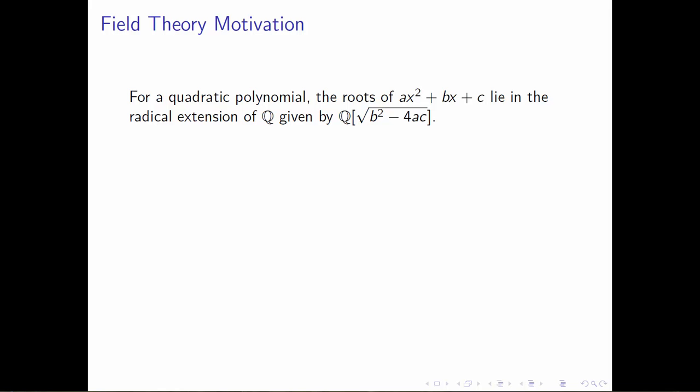Before I stop with this collection of slides, which has really gotten long and out of hand, so I apologize, I wanted to relate that motivation back to what we did when we introduced these topics of radical and algebraic and repeated radical extensions. So from the quadratic formula, we know that if we have a polynomial, ax squared plus bx plus c, and we take that discriminant, b squared minus 4ac, and take the square root, and if we allowed the square root of that to be included with the rational numbers, then we'd be able to express all of the roots of the polynomial ax squared plus bx plus c inside the field Q adjoined the square root of the discriminant.